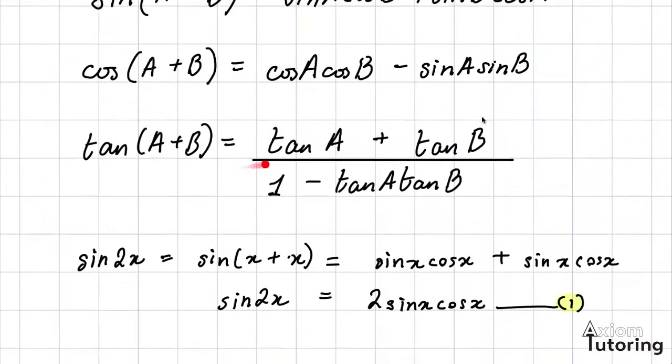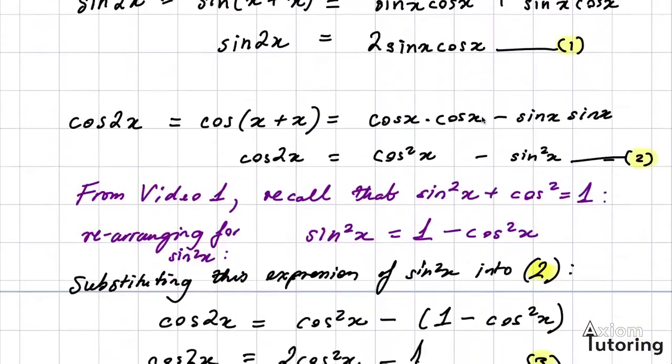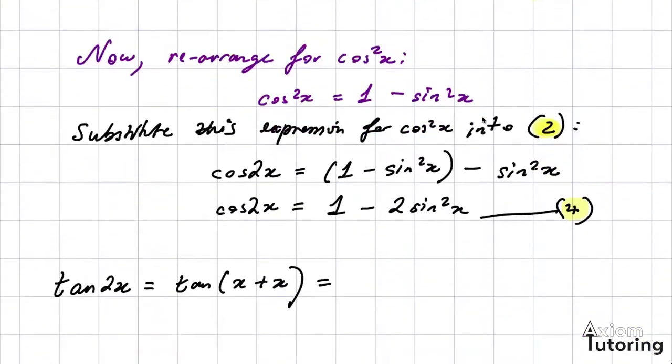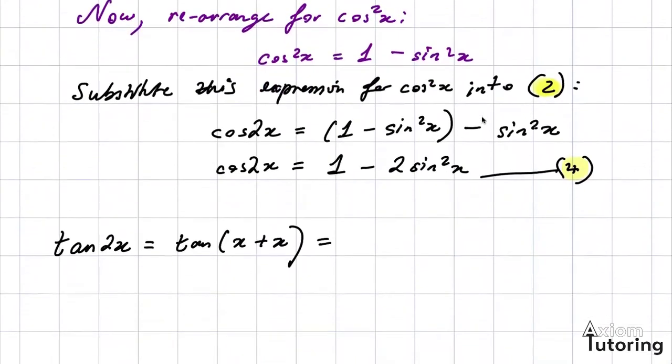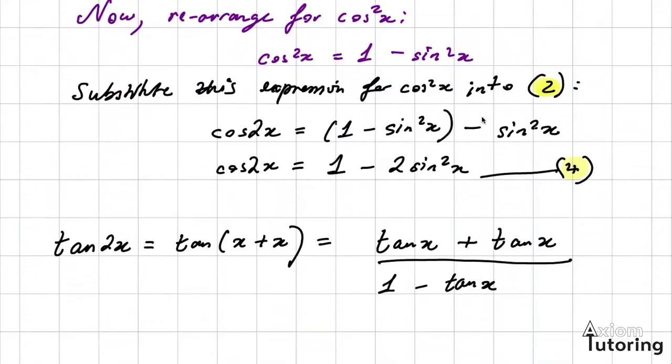Tan A plus B is tan A plus tan B over 1 minus tan A tan B. And A and B are both x. So let's rewrite that. So tan x plus tan B, which is just tan x again, over 1 minus tan A tan B, that's just going to be tan x.